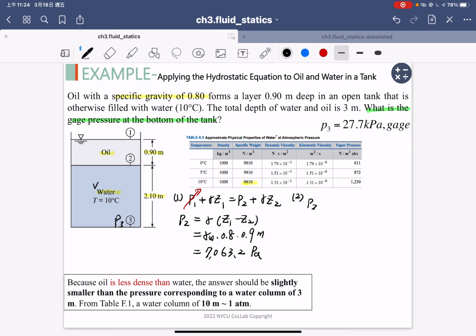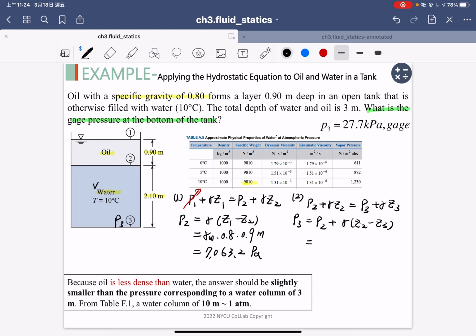So P2 plus gamma Z2 is equal to P3 plus gamma Z3. So P3 is equal to P2 plus gamma times Z2 minus Z3.